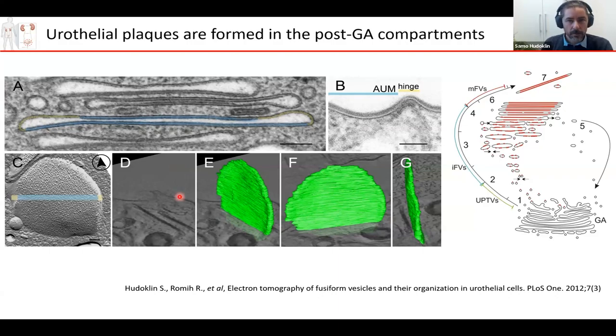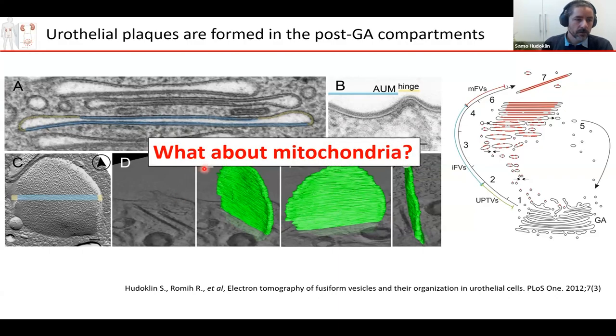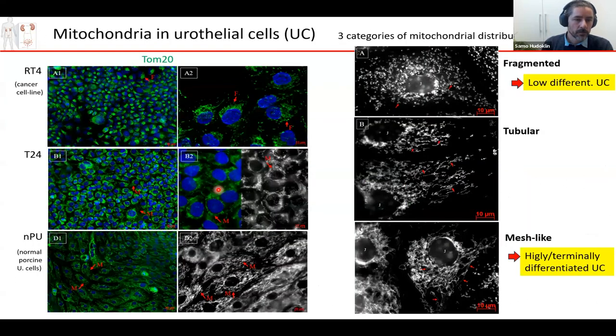But what about something bigger? For instance, mitochondria. For that, we need larger volumes. And by other methods, we did some studies and found that mitochondria are very different in different types of urothelial cells.